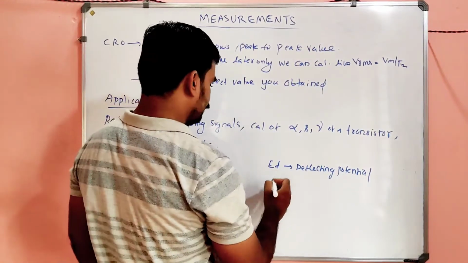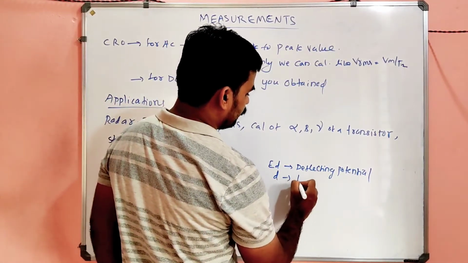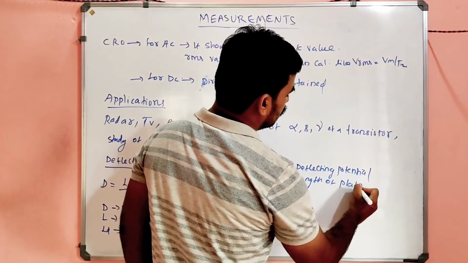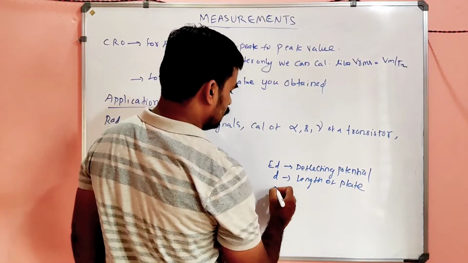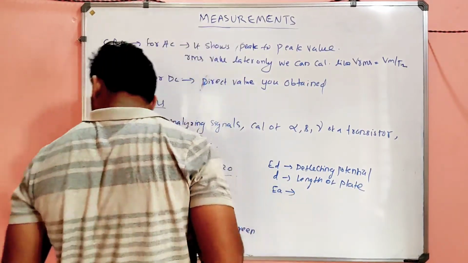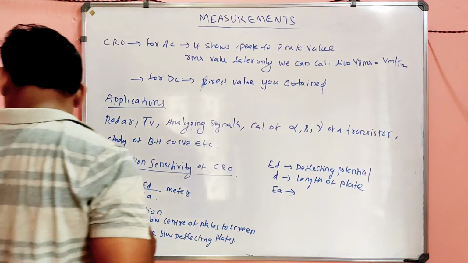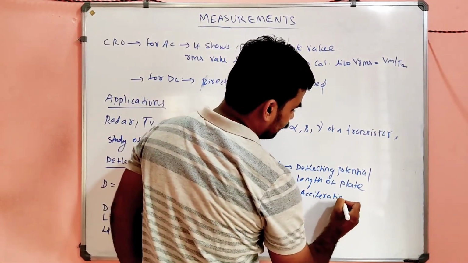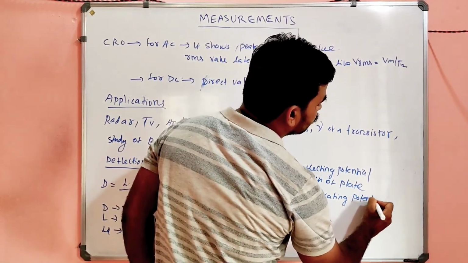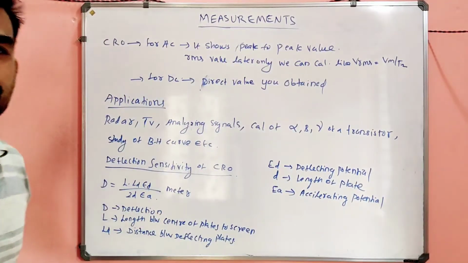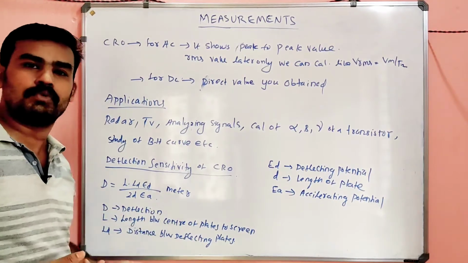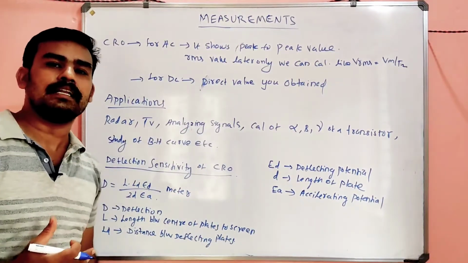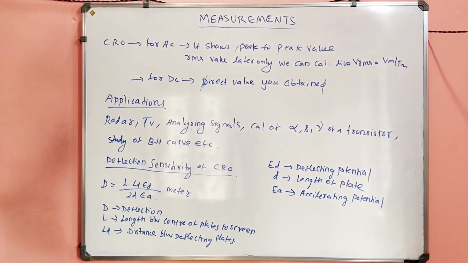And small d is the distance between the plates, l the length of the plate, and Ea the accelerating potential. Because we are using an accelerating anode, it requires a certain voltage, and the entire projection of the electrons on the screen depends on it. So that is also a depending factor.